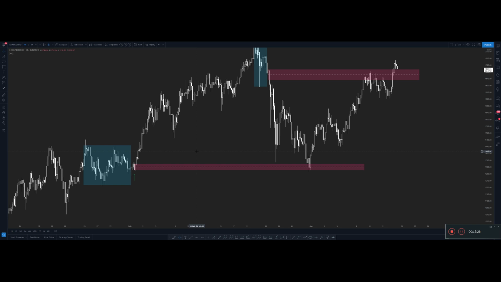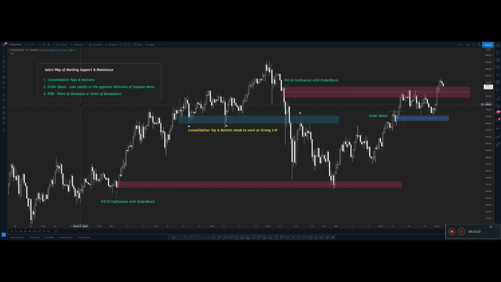And I'll just make a quick summary of what I told right now, to conclude this video, guys. These are my 3 ways of marking support and resistance. One is consolidation. Tops and bottoms tend to work as strong support or resistance. For instance, you can see here the market was consolidating as support and here it tested as resistance. So this is one way of determining support and resistance.